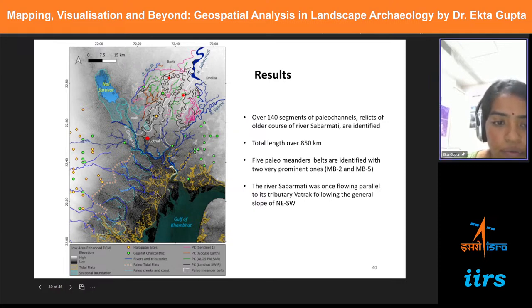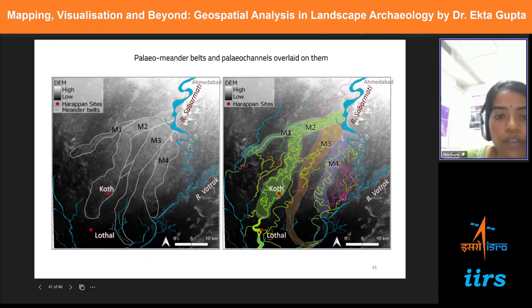And we traced this coastline. I think it would be better visible in the next slide. Yeah, so these are different meander belts identified through the study. And you see here, this is the meander belt which most likely was active during the Harappan time. And we find lots of meanders here.